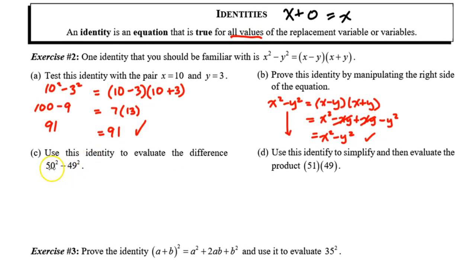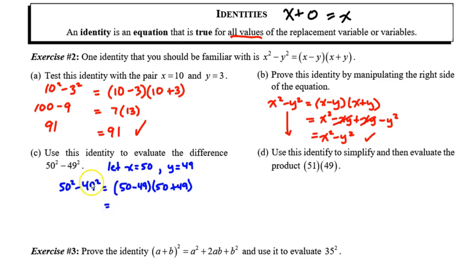Alright, so now I'm going to use this identity to do something. I'm going to find a difference, 50 squared minus 49 squared. Well, in this case, I'm going to let x take on the value of 50 and y take on the value of 49. And at this point, I can just make my substitutions and work it out.